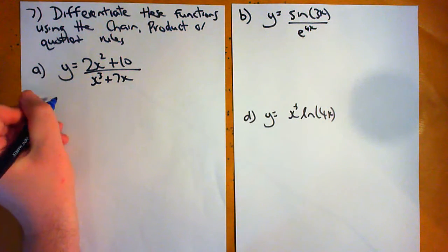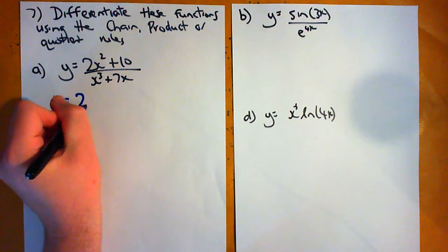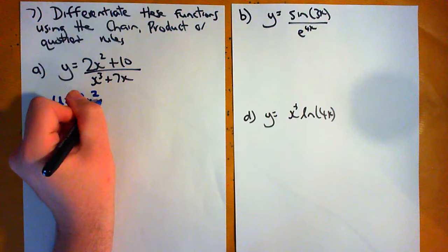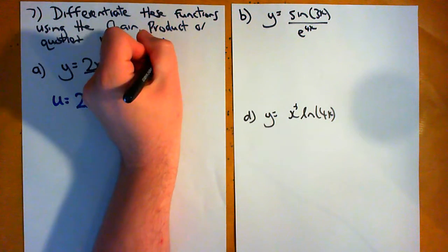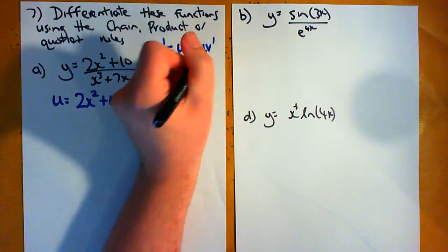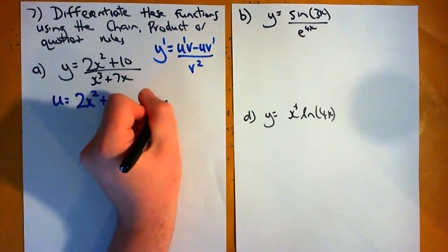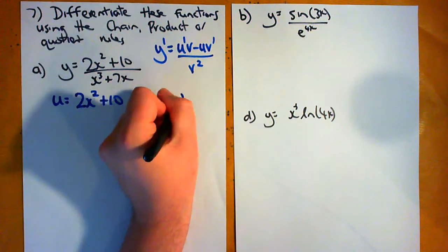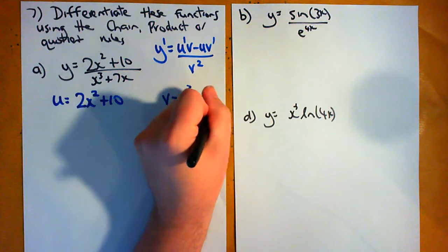So in this case, u will be what's on the top line, which is 2x squared plus 10. Let's write out the rule before we go any further. y dash is (u dash times v minus u times v dash) divided by v squared. v is going to be what's on the bottom, which is x to the power of 3 plus 7x.